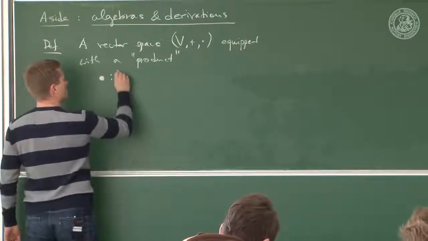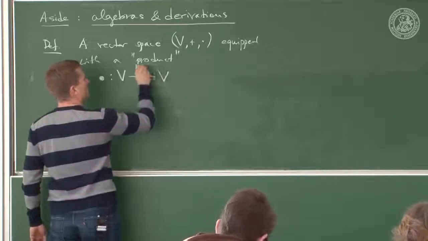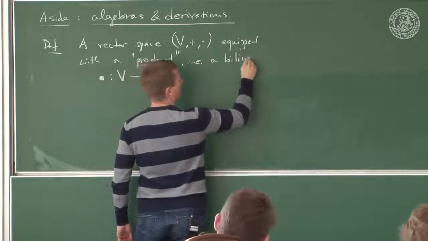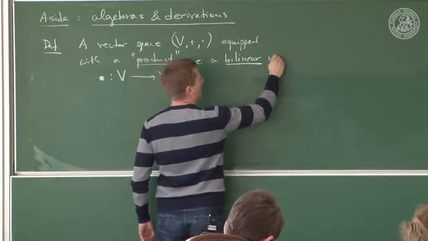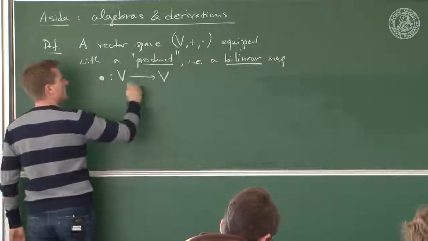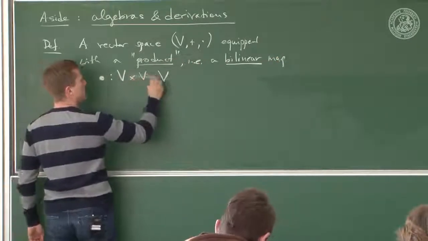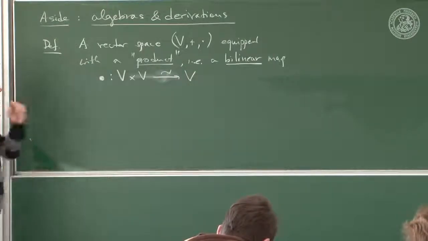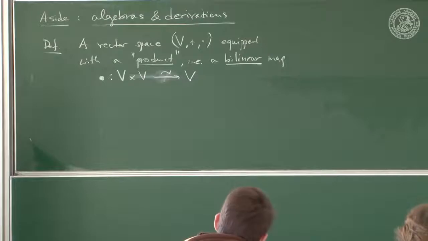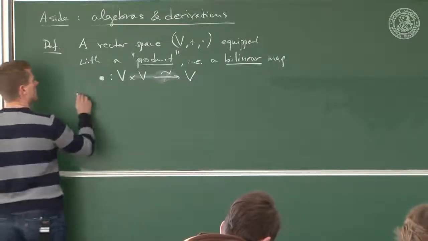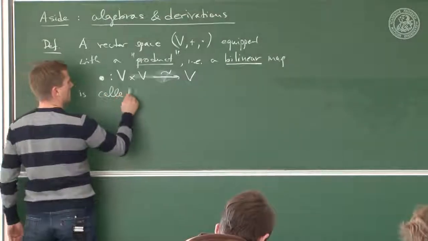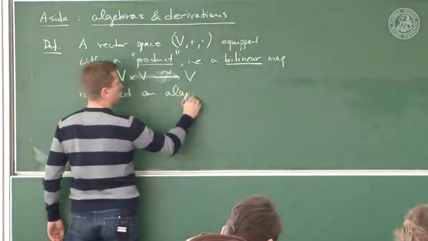A product is a bilinear map blob, which takes you from V cross V to V in bilinear fashion, and the structure is called an algebra.